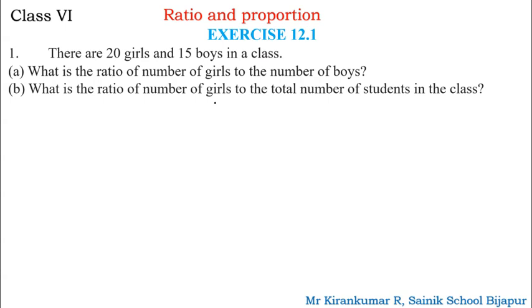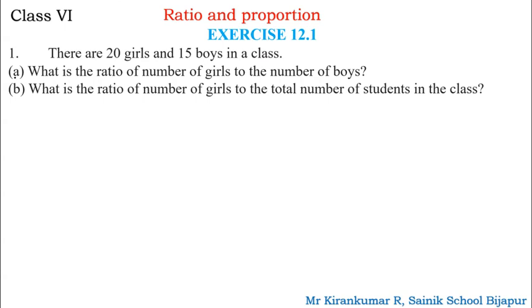Question 1. There are 20 girls and 15 boys in a class. There are two sub-questions. The first sub-question is, what is the ratio of the number of girls to the number of boys? The second sub-question is, what is the ratio of the number of girls to the total number of students in a class?